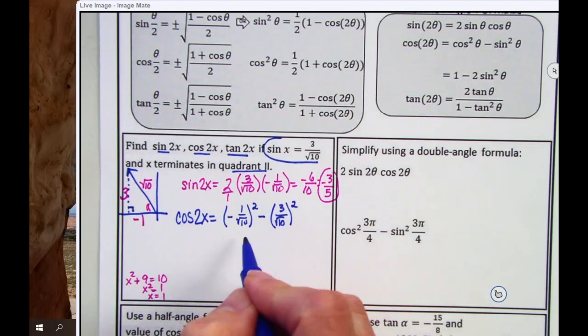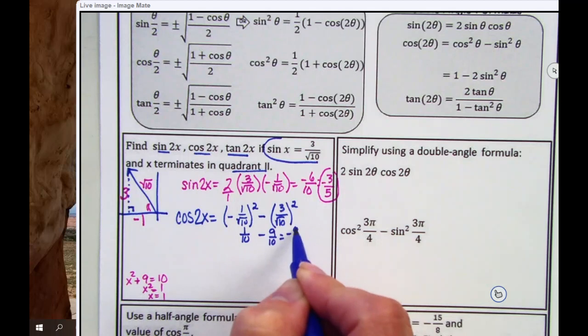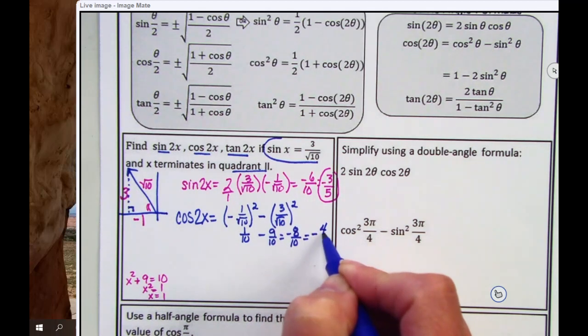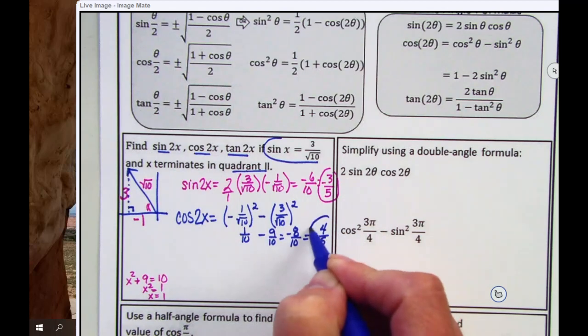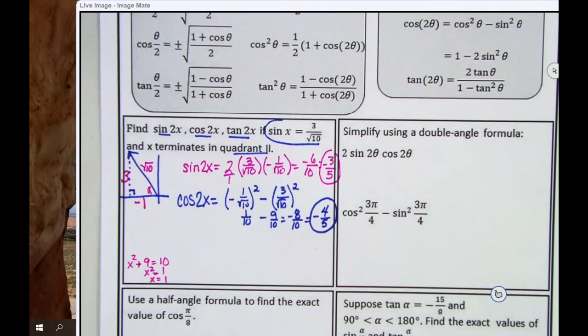So that gives me 1/10 minus 9/10, negative 8/10, or negative 4/5. Did you lose a sign? Did I lose a sign? No, I forgot about the negative one multiplied by itself when it was squared. Gotcha. All right.